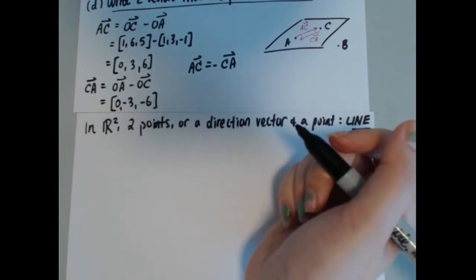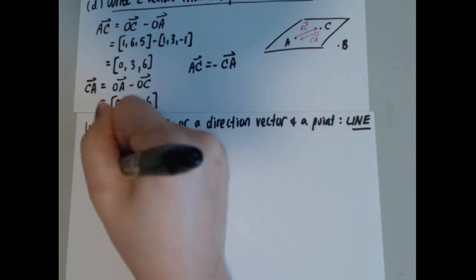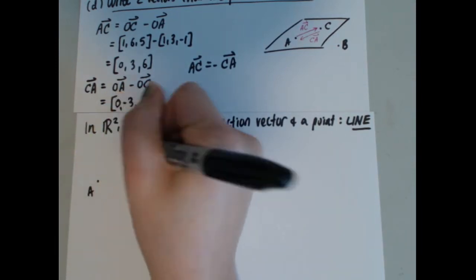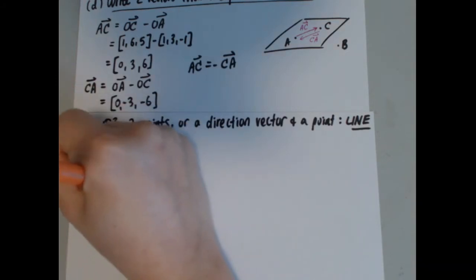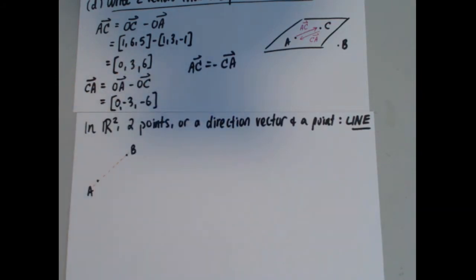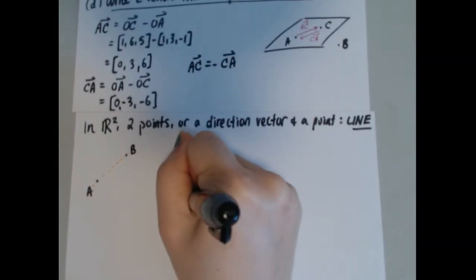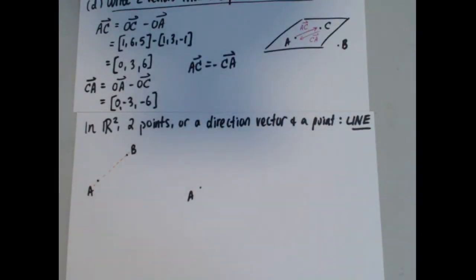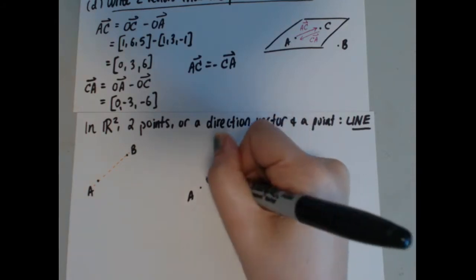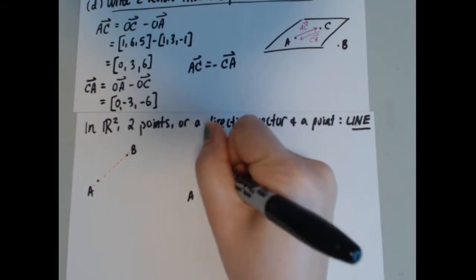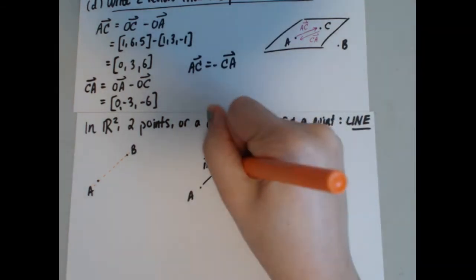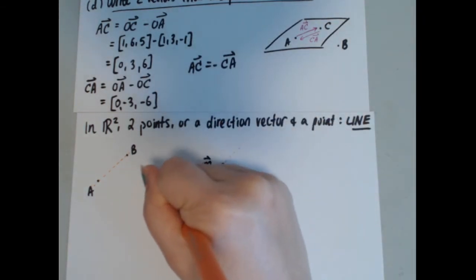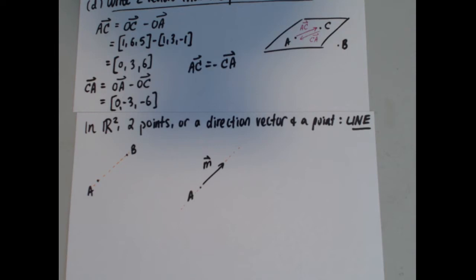Okay, so let me just show you that. If you have 2 points, A and B, you can define a line because the line connects those 2 points. You can also define a line by having a single point and a direction vector, right? Because with a point, I don't know where the line goes, but if I know the direction it's supposed to be heading, given by m, I now can construct my line in the direction of m and also in the opposite direction of m.